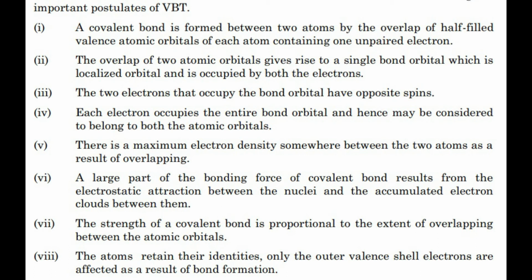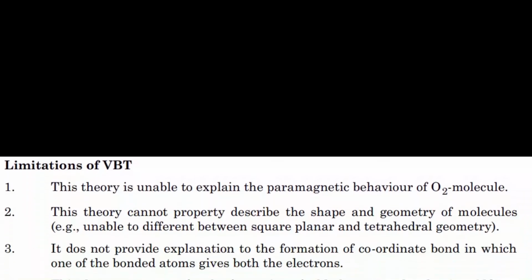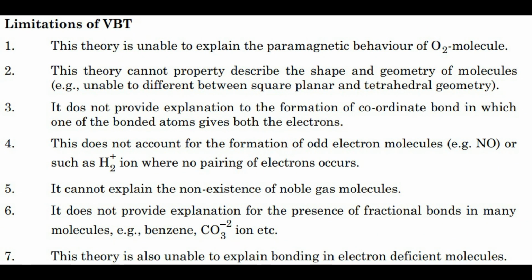The equivalent nature of the bonds and equal bond angles can be explained by this theory, but still it has problems because it does not explain the color behavior, and how different chemical reactions are based on structure. Those are the limitations of VBT. It cannot explain these things.